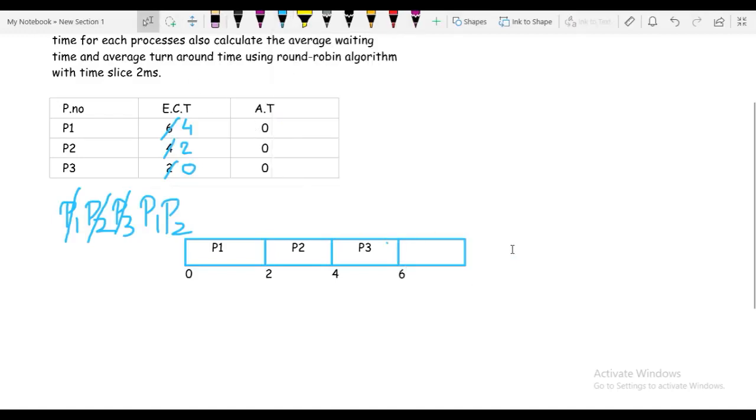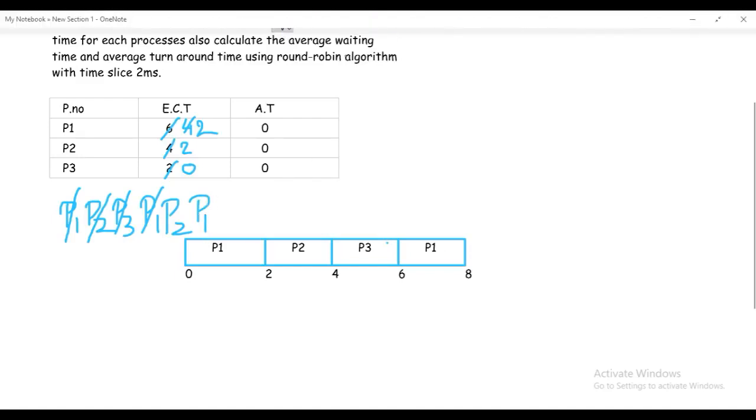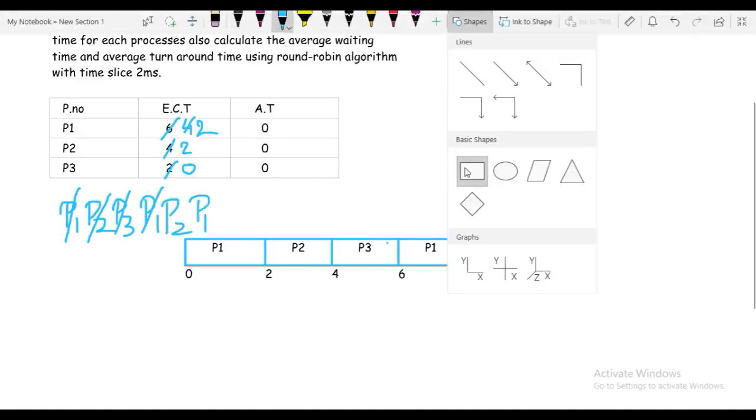Sorry, P1 will run for 2 units, that is till 8. It will still have 2 units left, so it will stand in the queue with P2 at last. Now you have P2.